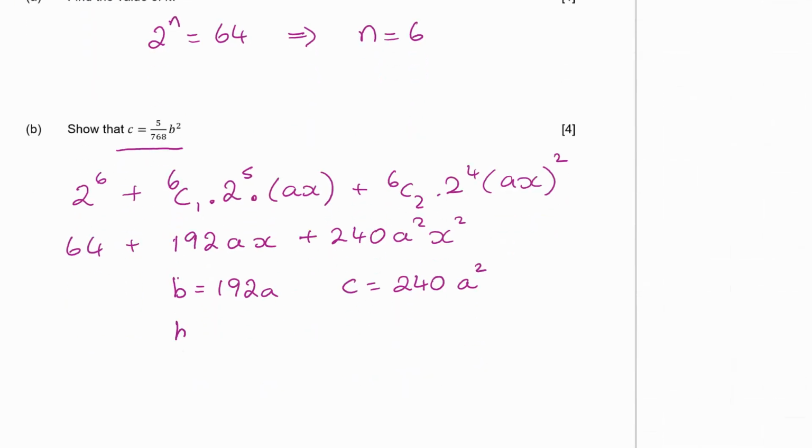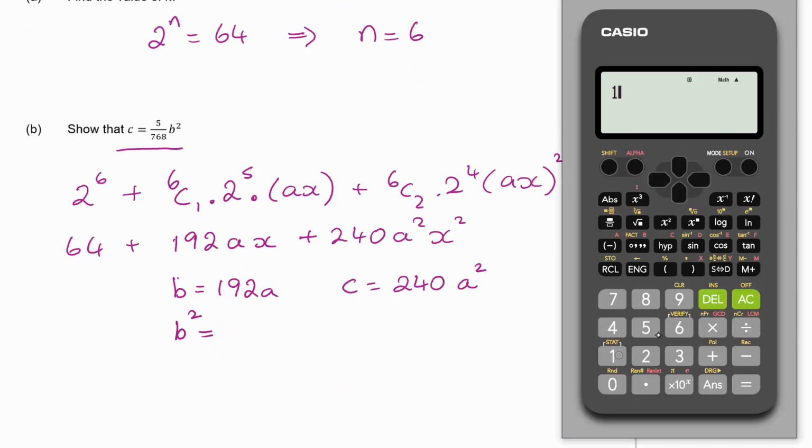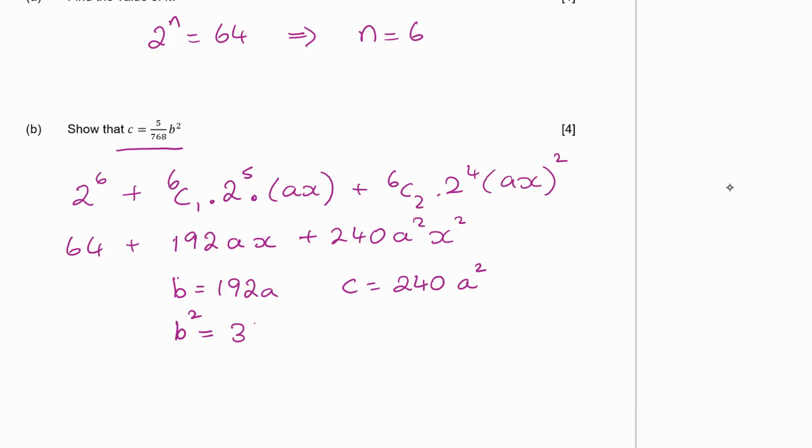Well, that means that b squared is 192 squared, which is 36,864, a squared. So, from here, a squared is equal to c divided by 240, and from here, a squared is equal to b squared over 36,864.